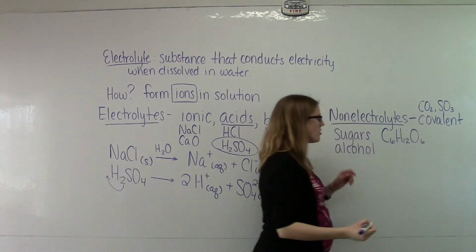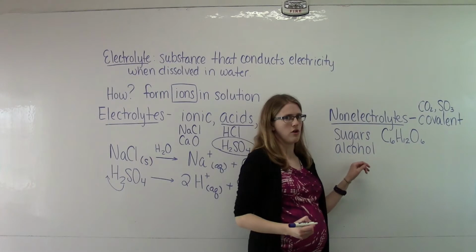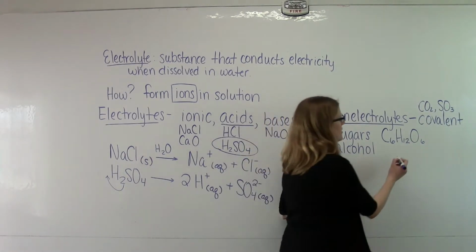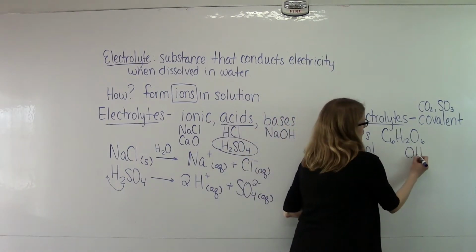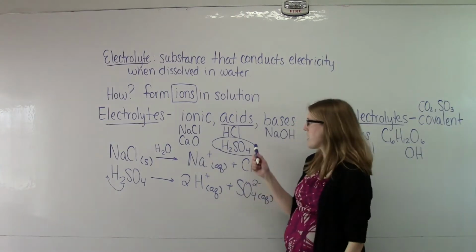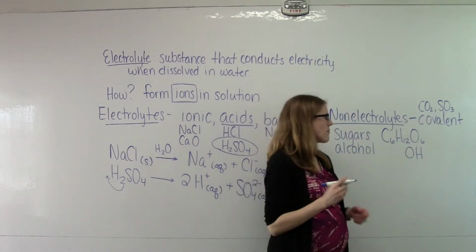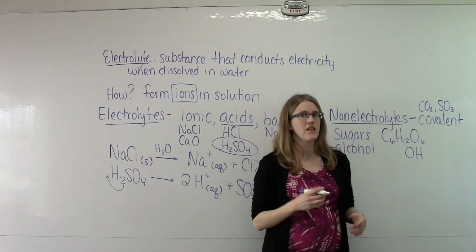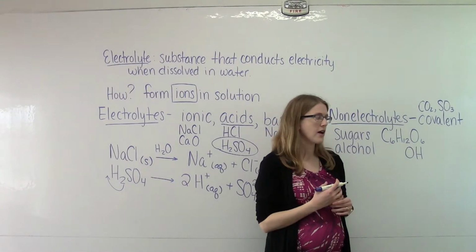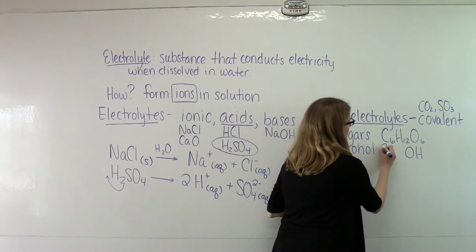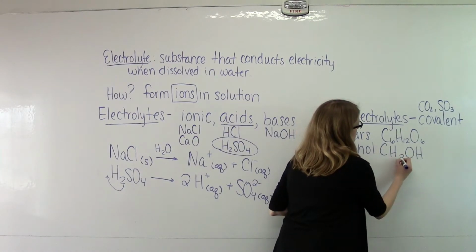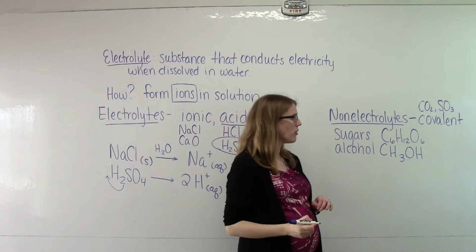C6H12O6. I also wanted to point out alcohol, because alcohols end in OH, but they are not bases. The reason they're not bases is that this is not actually the hydroxide polyatomic ion. For example, methanol is CH3OH, and it is an alcohol.